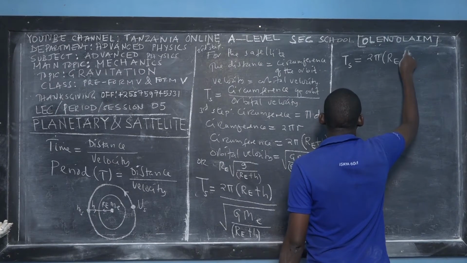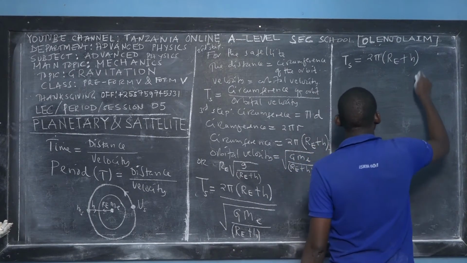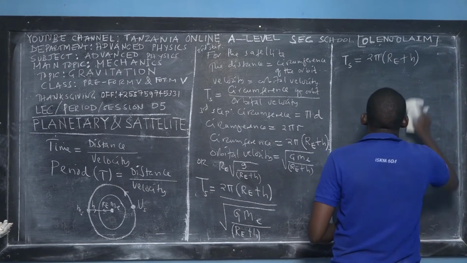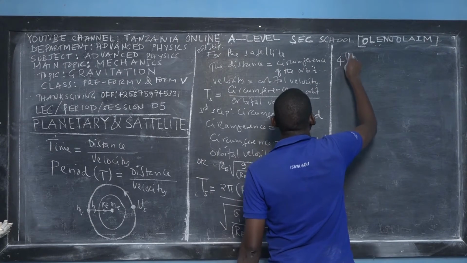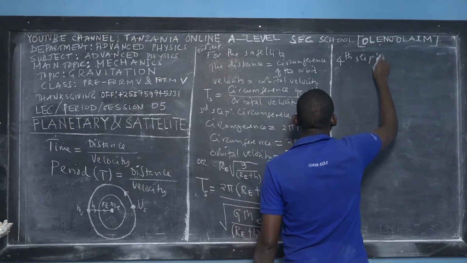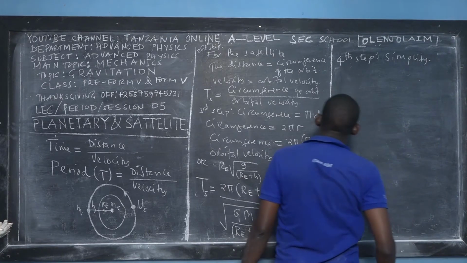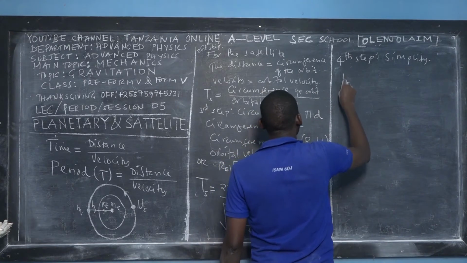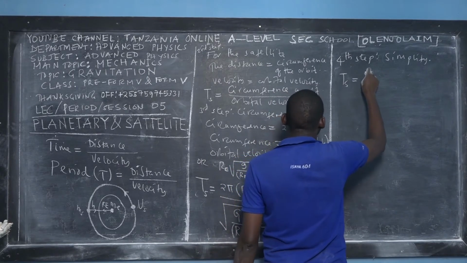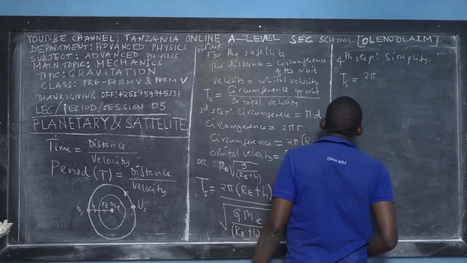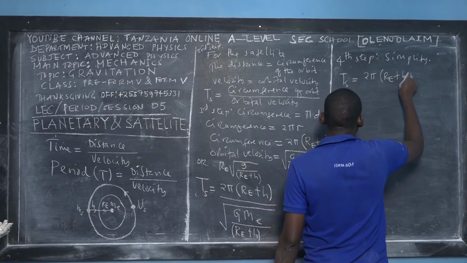I think I forgot to write the first step. Let us simplify that formula and see what will happen. The period of the satellite is equal to the circumference, which is 2 pi times the radius of the Earth plus the height.